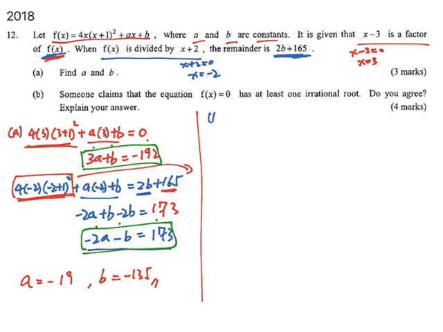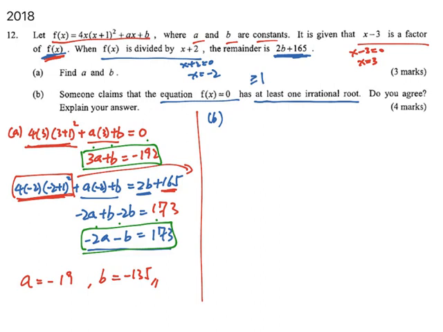Okay, let's see part B. For part B, someone claims that the equation f(x) equals 0 has at least one irrational root. At least one, that means it is more than or equal to 1.